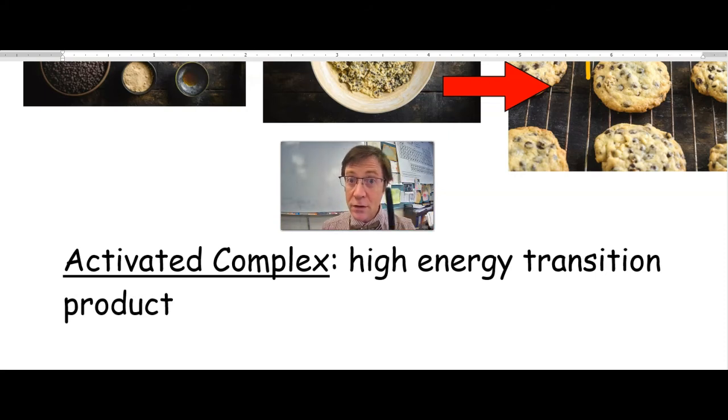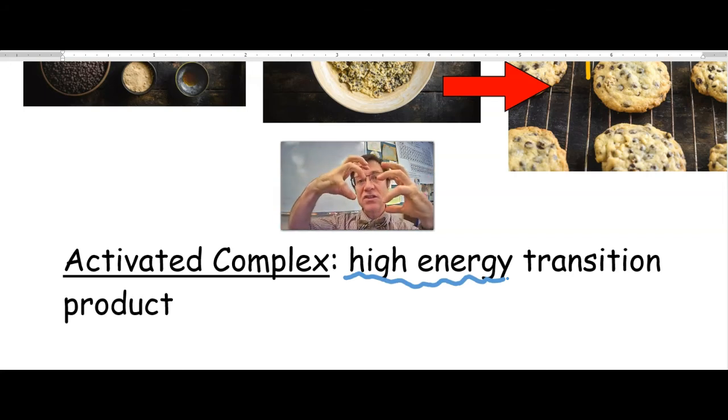You guys dig what I'm saying? Now, there are a couple of things that we have to have dialed in for the activated complex. The first thing is that it is high energy. It contains a boatload of energy because the reactants are flying around with tons and tons of kinetic energy, and then boom, all that kinetic energy is converted into potential energy as they break apart and explode into this ball of part reactant, part product explosion.